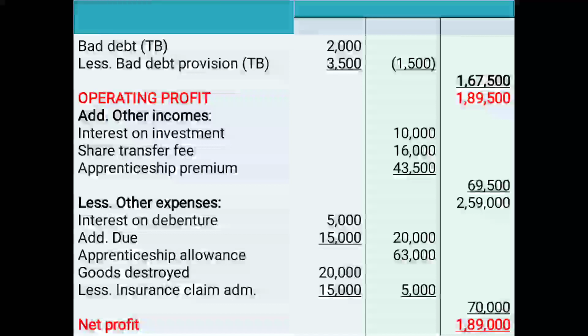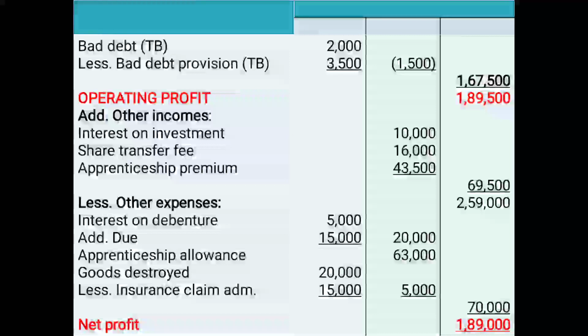Less other expenses. Interest on debenture is available in trial balance 5,000, but we charge taka 20,000, so taka 15,000 is due for interest. Total taka 20,000. Apprenticeship allowance from trial balance, you can get taka 63,000. Goods destroyed from adjustment taka 20,000, but insurance claim admitted taka 15,000.